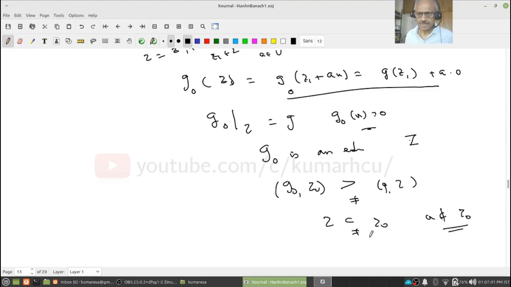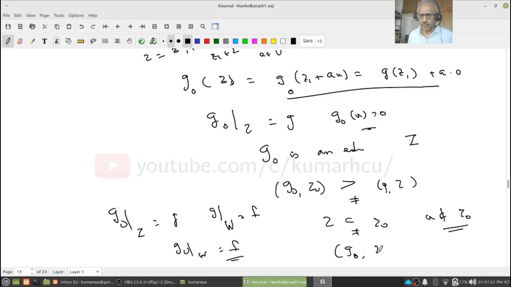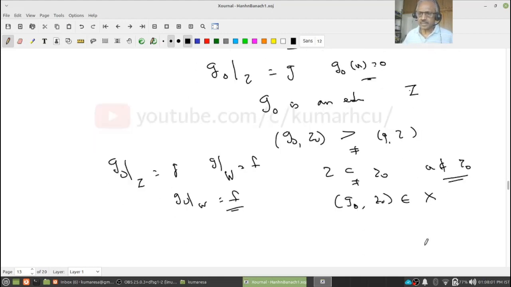Clear? And g naught restricted to z is g, but g restricted to w is f, therefore g naught restricted to w is nothing other than f. Therefore g naught z naught is an element of x, but it is strictly greater than the maximal element. That's a contradiction.